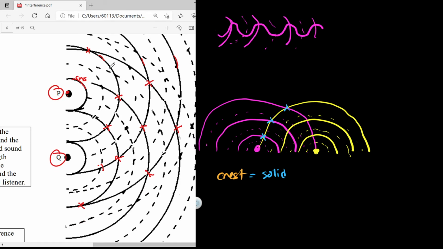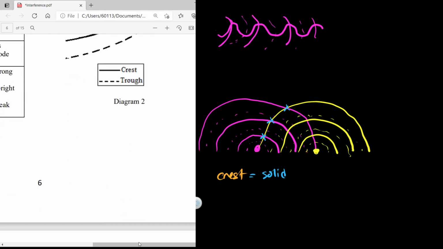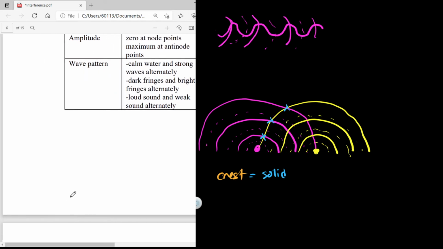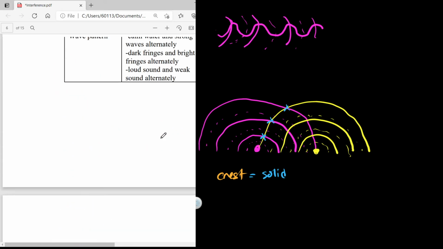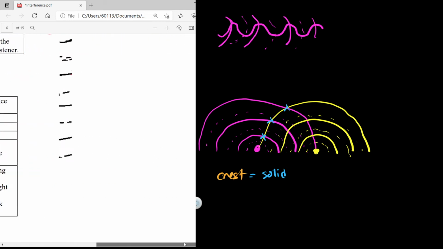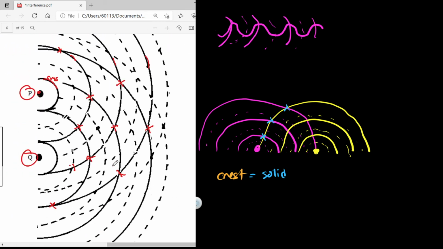I think that's all. So that is where the crest coincides with a crest. Next, mark with a star the points where trough coincides with trough. Oh sorry, I just mixed it up. Is it right? Okay, right, so we had done it correctly.